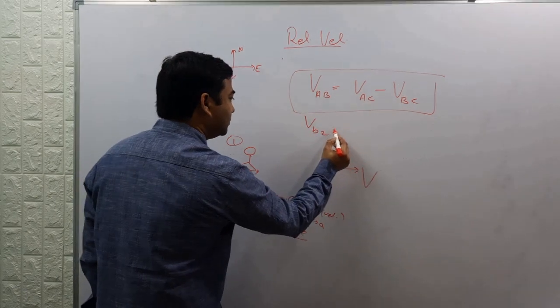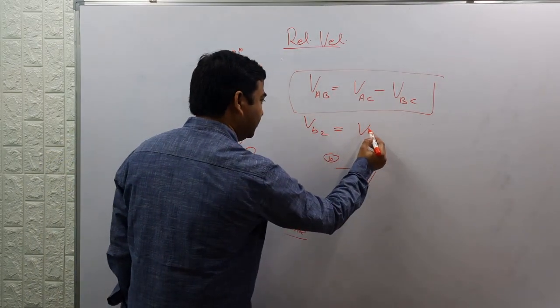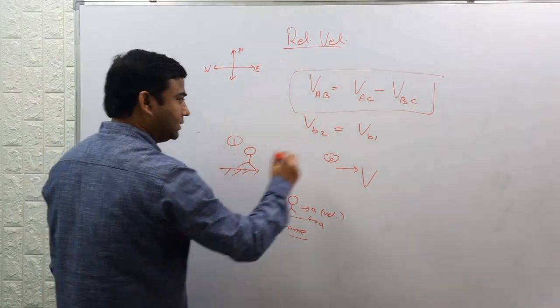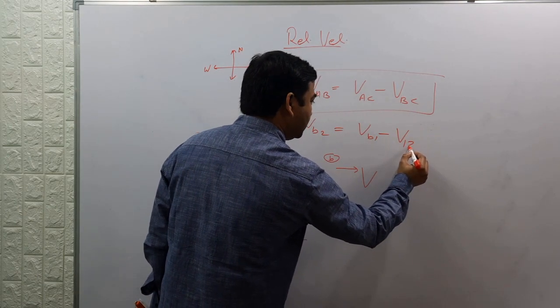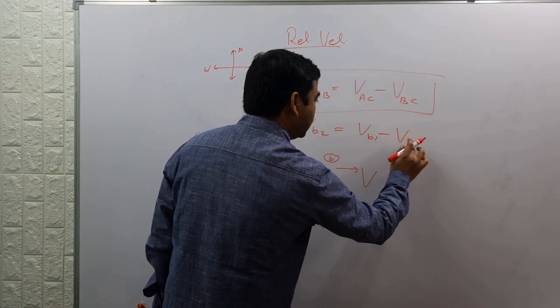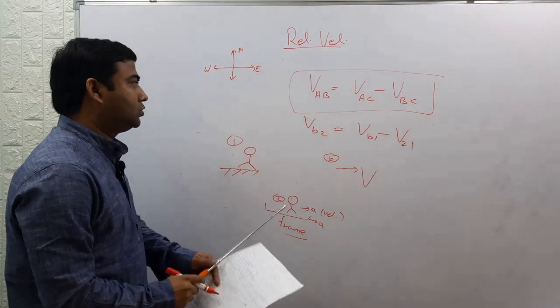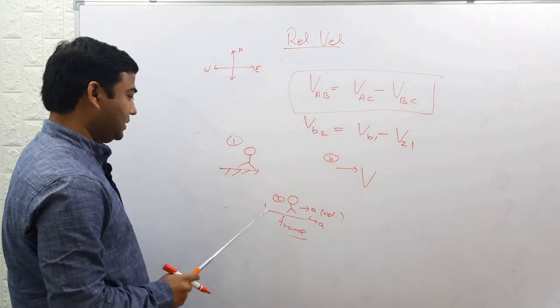VB2 is equal to VB1, velocity of ball with respect to observer 1, minus V21. So this subtraction formula gives us this result for this problem.